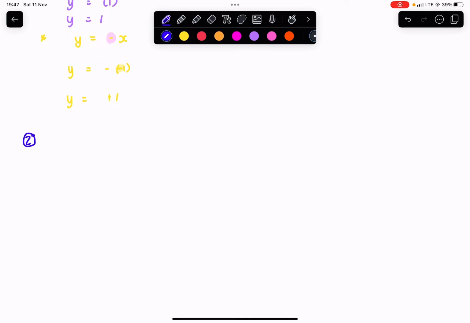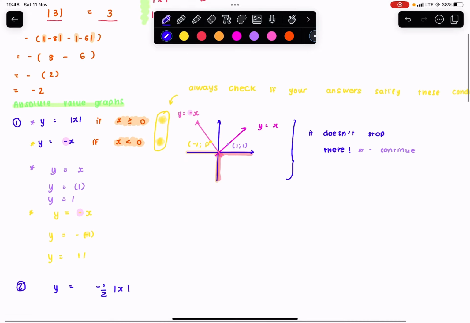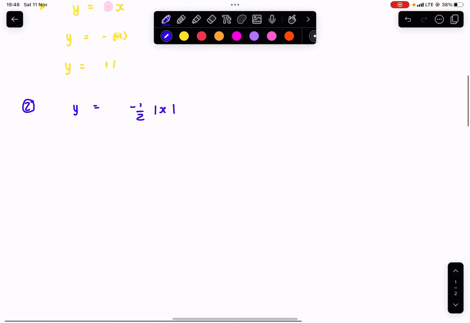And things start getting a little bit challenging from this point forward. We'll sketch a graph called y equals negative a half x. So, what are our steps?